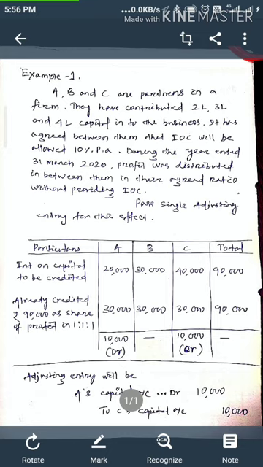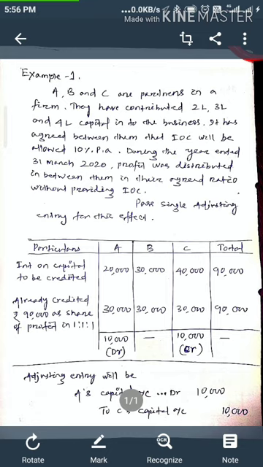Just compare. A should take 20,000 as IOC, but unfortunately he has taken 30,000 as share of profit. That means he should take 20,000 but wrongly took 30,000. So he has taken 10,000 excess.